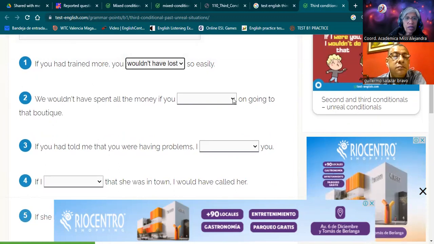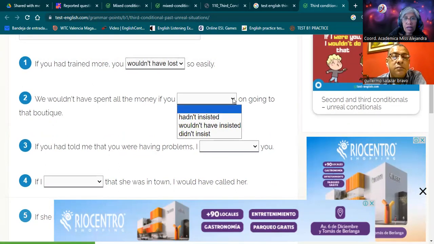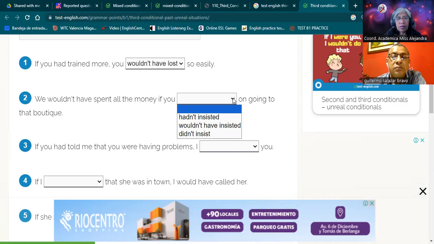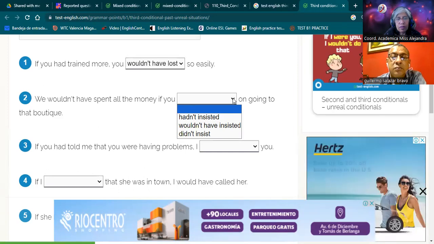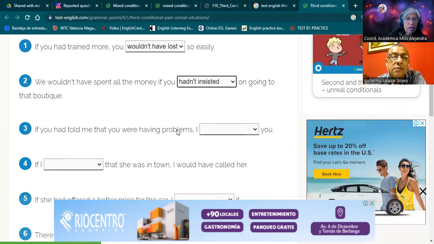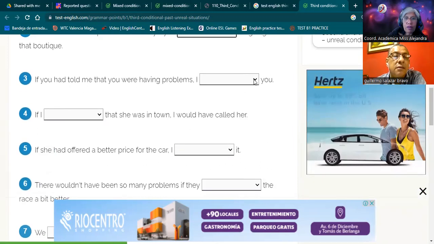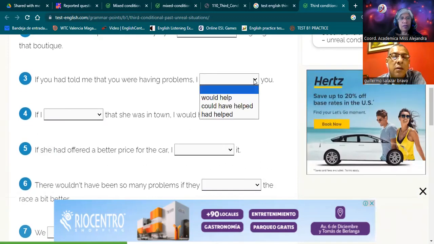Number two, we wouldn't have spent all the money if you hadn't insisted on going to that boutique. If you hadn't insisted. If you had told me that you were having problems, I could have helped you.